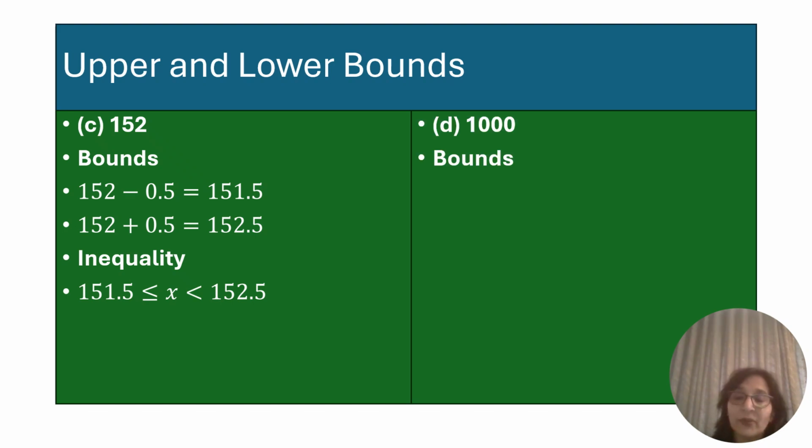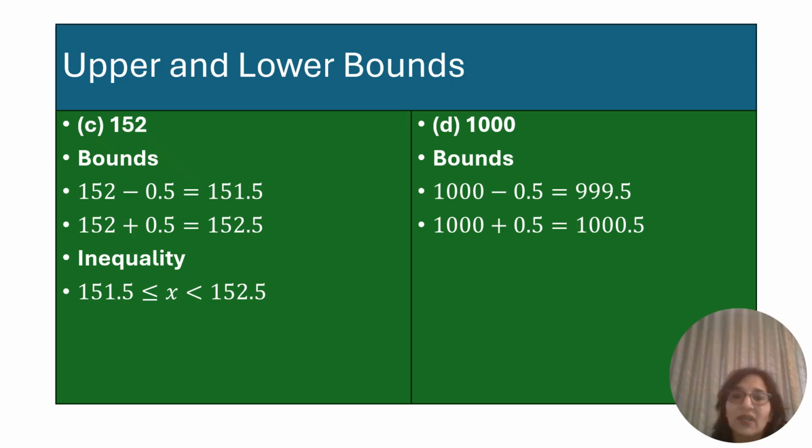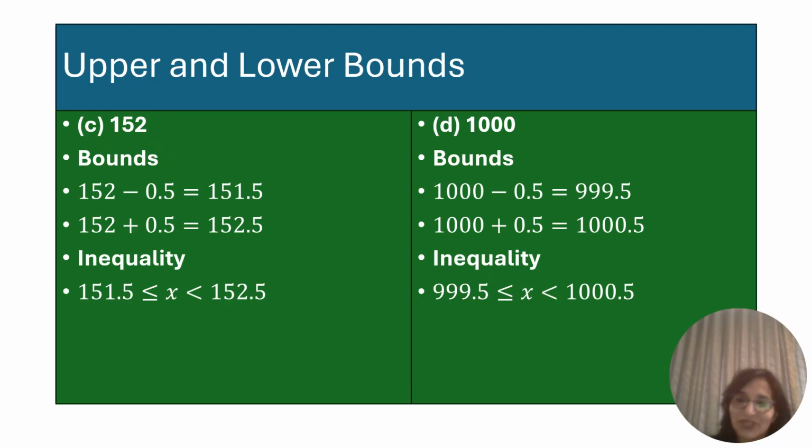Likewise, the next are four-digit numbers. 1000 minus 0.5 will give you 999.5, and likewise 1000 plus 0.5 will give you 1000.5. So what is the inequality? I hope this is clear to you. You can pause the video and try to practice yourself.